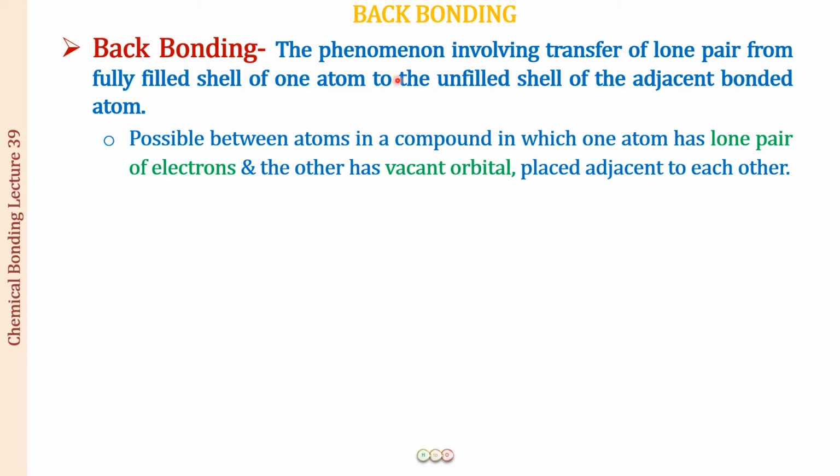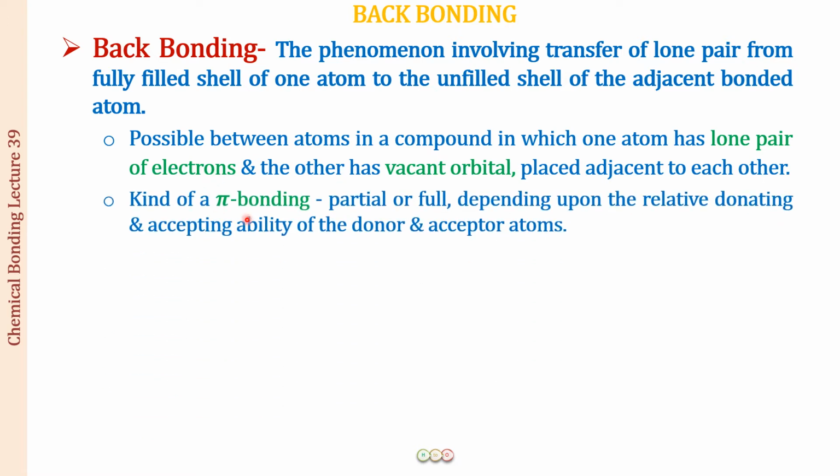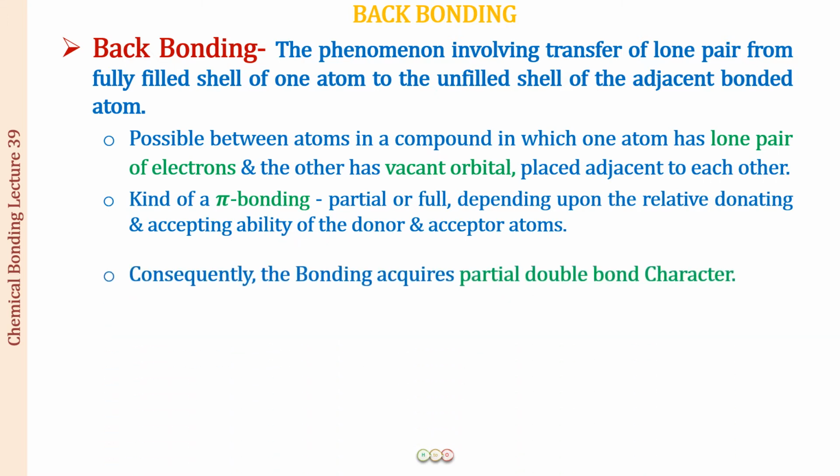So this is possible between atoms in a compound in which one atom has a lone pair of electrons and the other has a vacant orbital placed adjacent to each other, and this is a kind of pi bonding. It can be a partial pi bond, it can be a full pi bond. This depends upon the relative donating and accepting capability of the donor and the acceptor atoms.